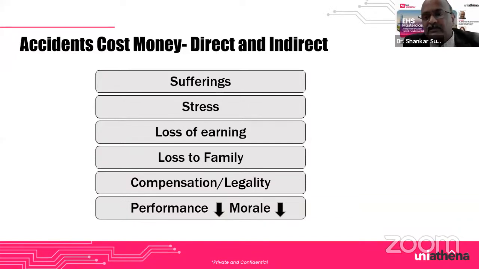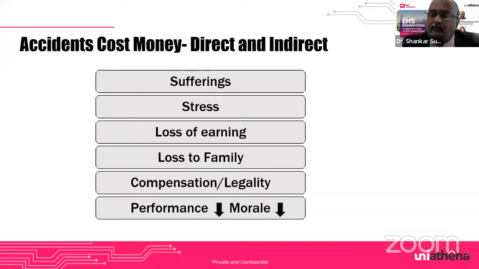The brand image may suffer if you have accidents which are not investigated and you don't know what's leading to them. So the brand image of the organization can suffer. Also, people will not join the companies because of the health and safety hazard at your locations in the workplace. That could have other implications.